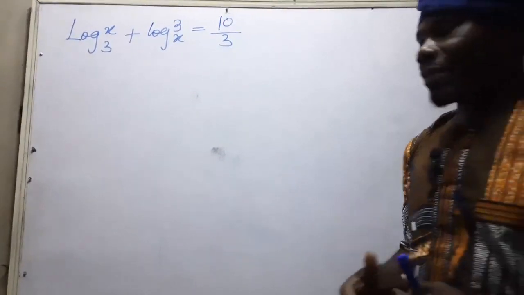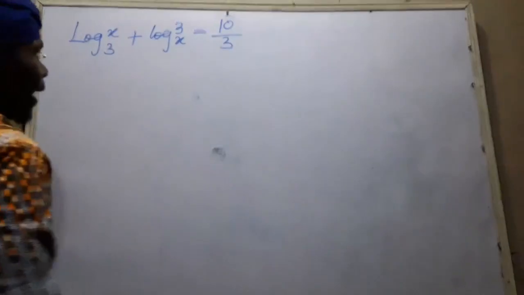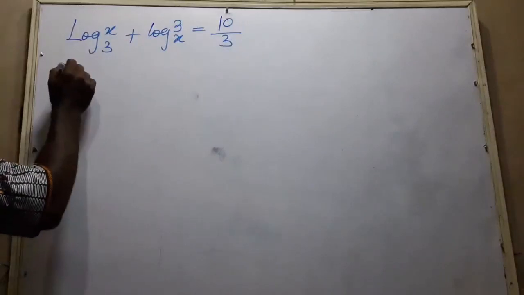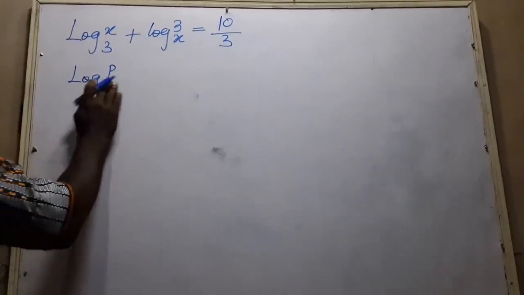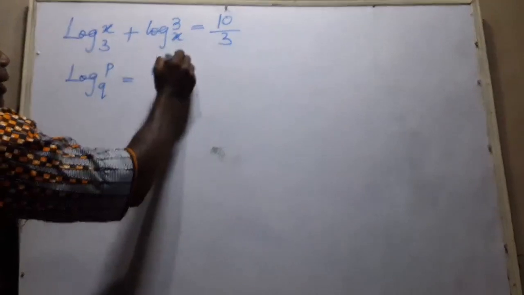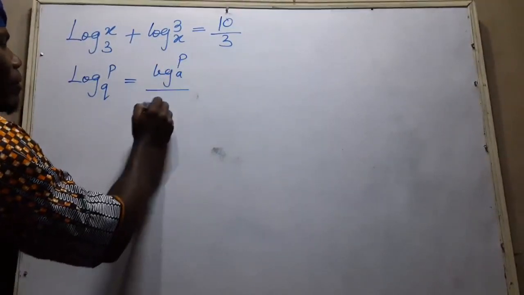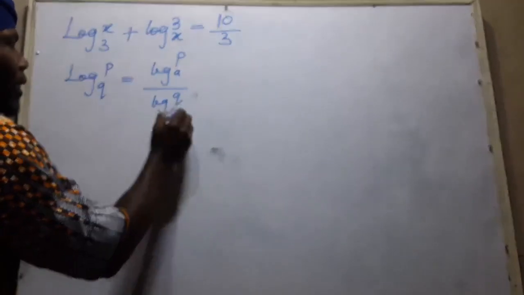Let's start. There is a law that says log p base q can be written as log p base a over log q base a.